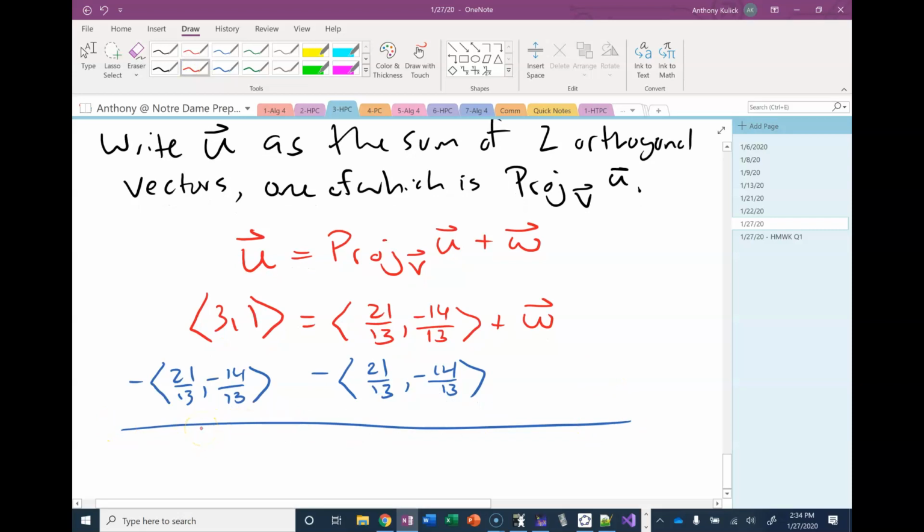So 3 minus 21 over 13 gives me 18 over 13. And 1 minus a negative 14 over 13 gives me 27 over 13. So there's my w.